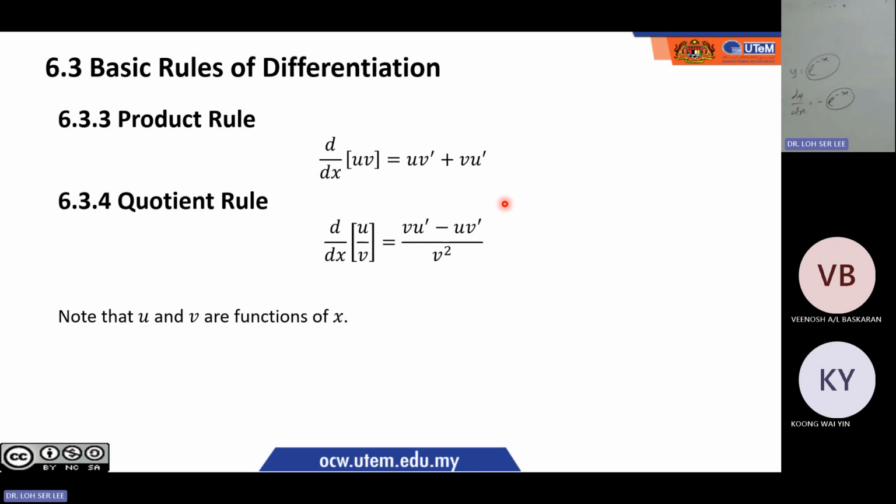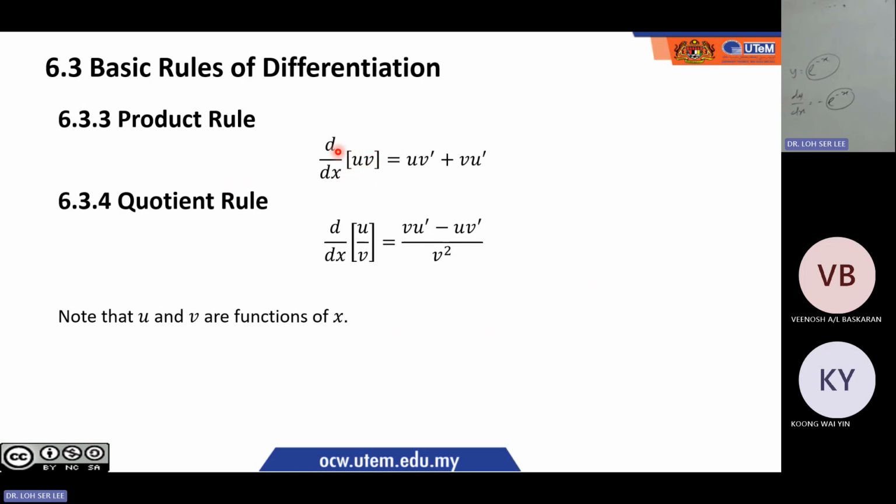Product rule and quotient rule. This is one of the formulas where students tend to forget. We use the product rule when we have a function in x multiplied by another function in x.